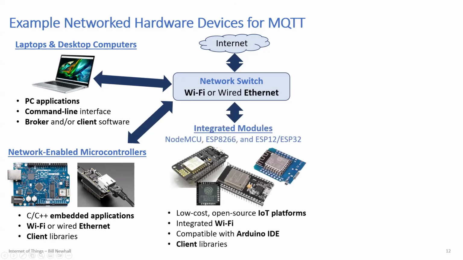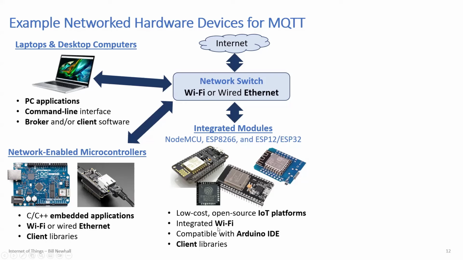Okay, there are also some integrated modules, which I would still consider microcontrollers because they're running some microcontroller software. But some really neat ones that I've used, and they're low cost, are this ESP8266, ESP32, this NodeMCU. They're like $5 a piece. They're amazingly cheap, maybe even less now. These are low cost, open source hardware platforms that you can use.